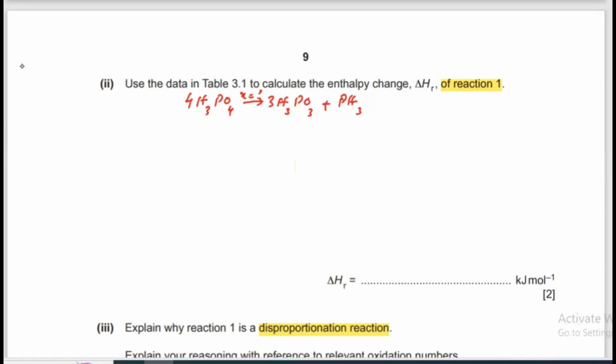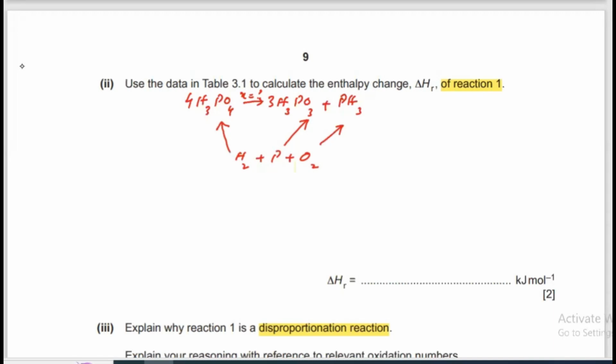So to make H3PO4, we require 3 reactants: hydrogen, phosphorus, and oxygen. So we will get H3PO4. These hydrogen, phosphorus, and oxygen can also make H3PO3 as well, and phosphorus and hydrogen can make PH3.